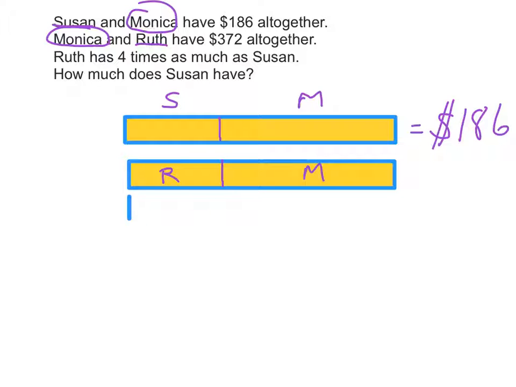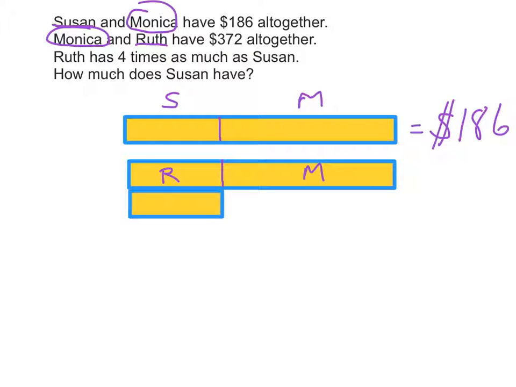Now, pardon me here while I figure out how to do my program. I'm going to draw Ruth 4 times as big as Susan. I'm going to do it over and under each other here. I think you'll find that in this case it's going to make more sense.